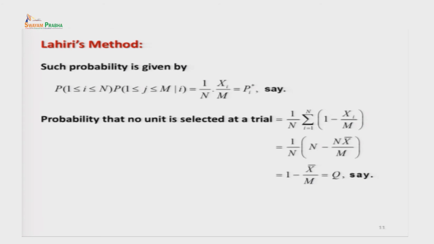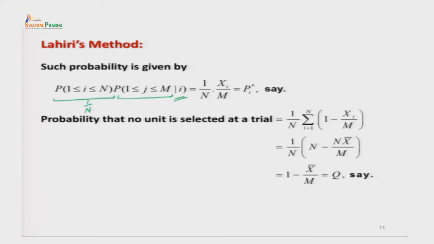Such a probability can be obtained by the probability that i is lying between 1 and capital N, because this is how you have chosen it, and then the probability that j lies between 1 and M given i. Once you have chosen i, you have to compute the probability of j between 1 and capital M. Now, what is the probability of drawing a number between 1 to capital N?